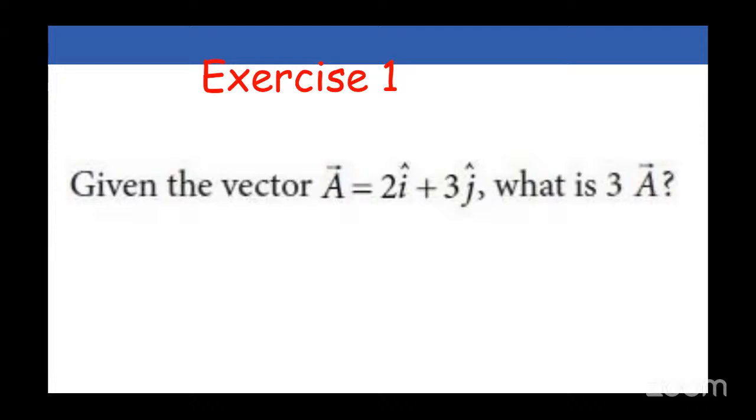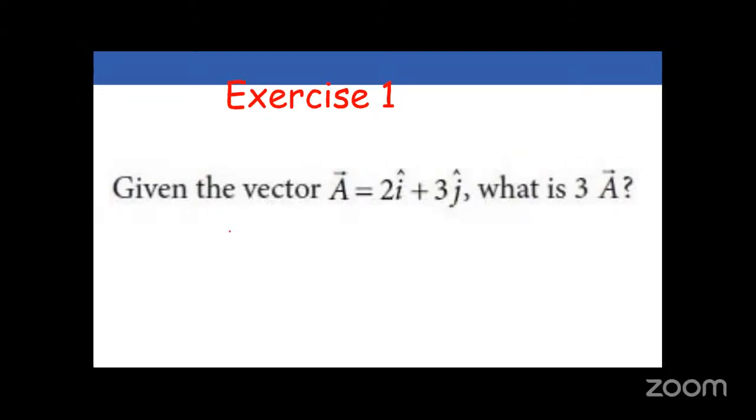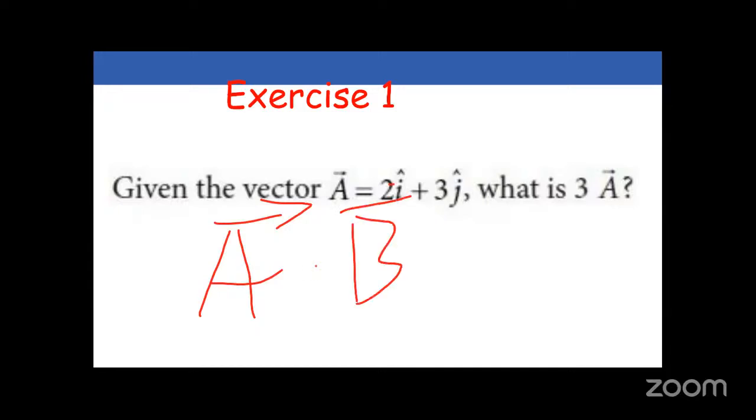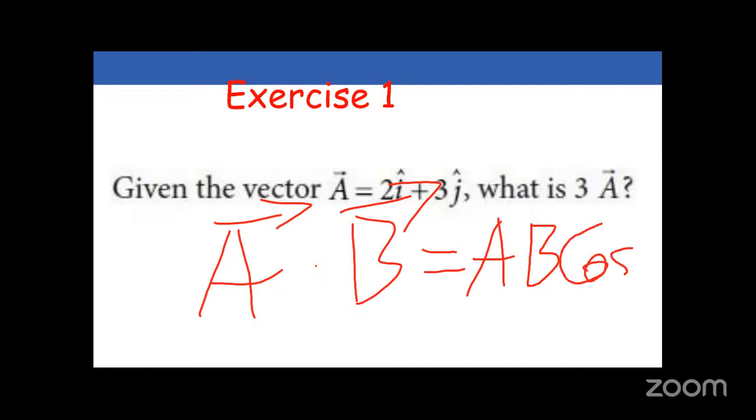Let's assume that we have vector A dot vector B multiplying themselves. That gives us magnitude A, magnitude B, cos theta.